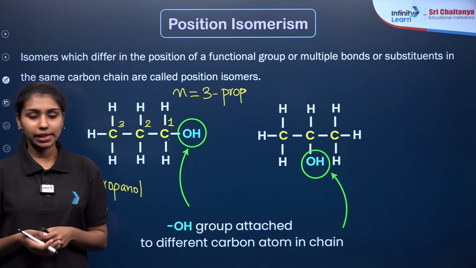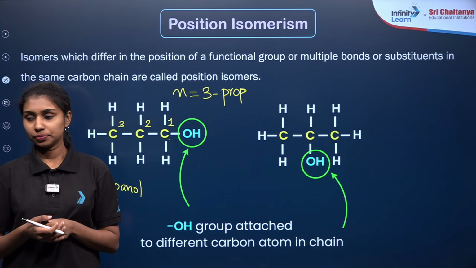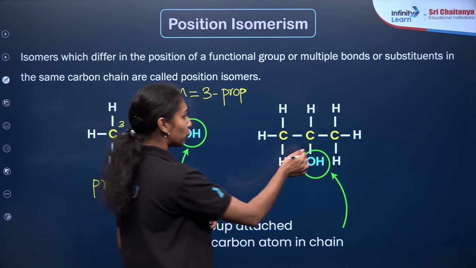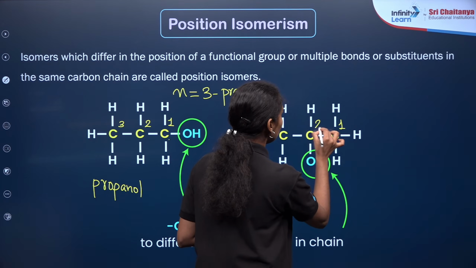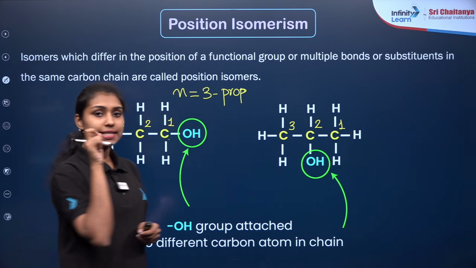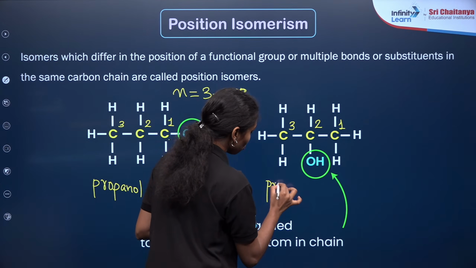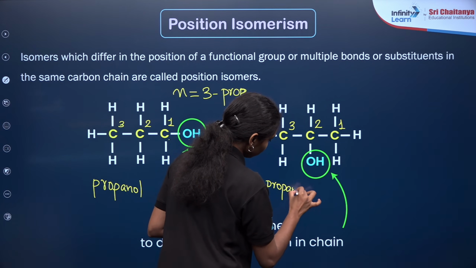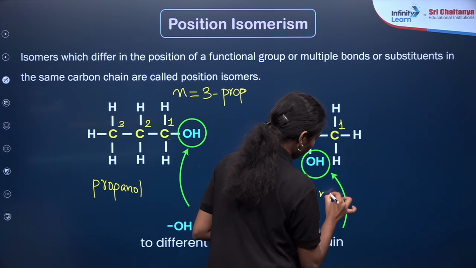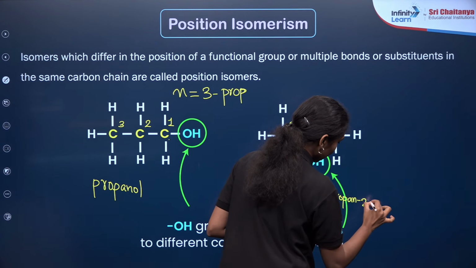Now what about the second compound? What is the position of the OH group here? No matter whether you start from here or here, in both cases the carbon attached to the OH group gets the least number, which is 2. So the name of this compound will be propan-2-ol, or 2-propanol. What is the difference here?